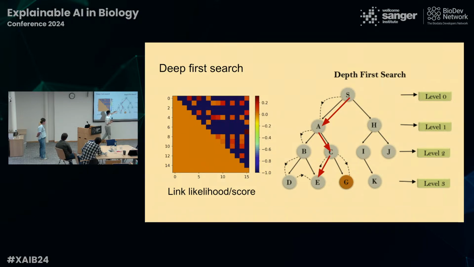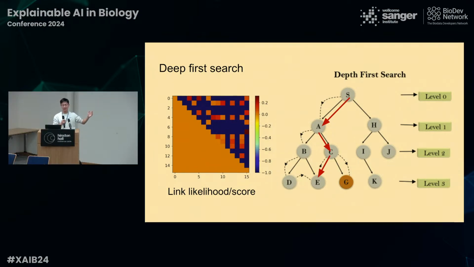This is just like a binary tree. For S there are 2 selections, so we compare A and H, which one is the best for S. We select A, and then we compare B and C, which one is best. We select C, then we select E. So this is the depth-first search we use.